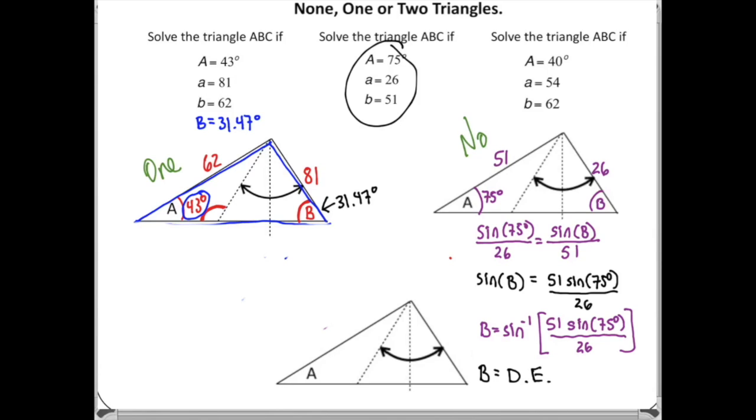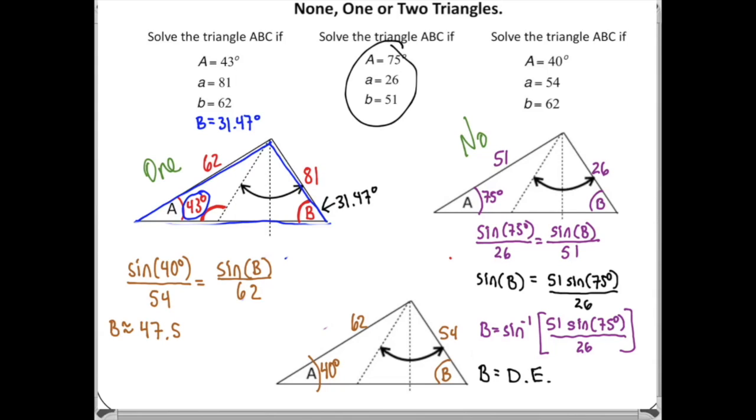Okay, so labeling everything up, we have this setup here, okay? And so we're going to set up the law of sines and solve for angle B like we typically have done. So I'm just going to cut to the chase and solve for angle B. And I'm going to get 47.56 degrees, okay?